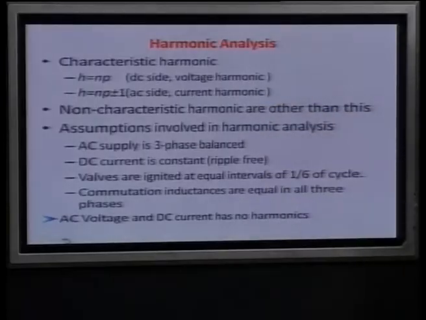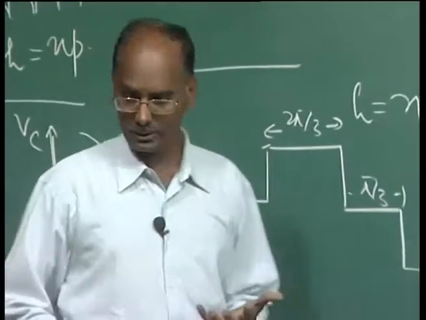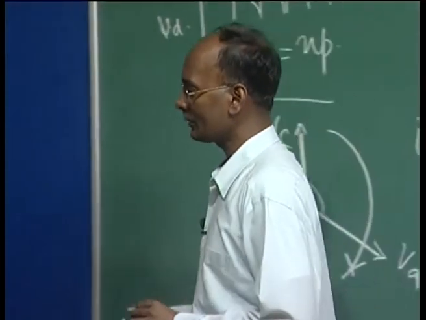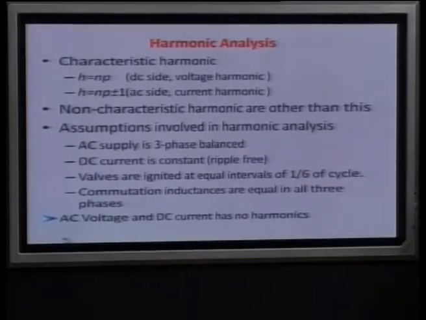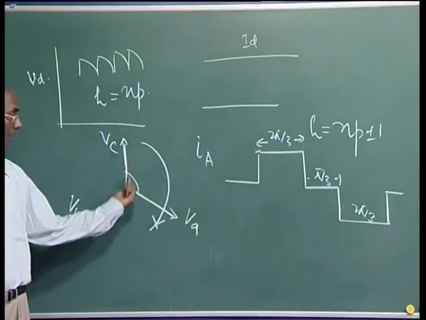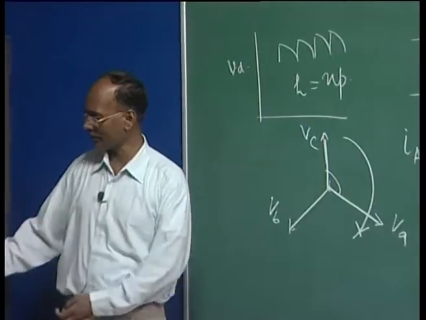Now, to analyze this we have to make certain assumptions. As I already stated, the AC supply is 3-phase balanced, means EA, EB, EC are a balanced supply.